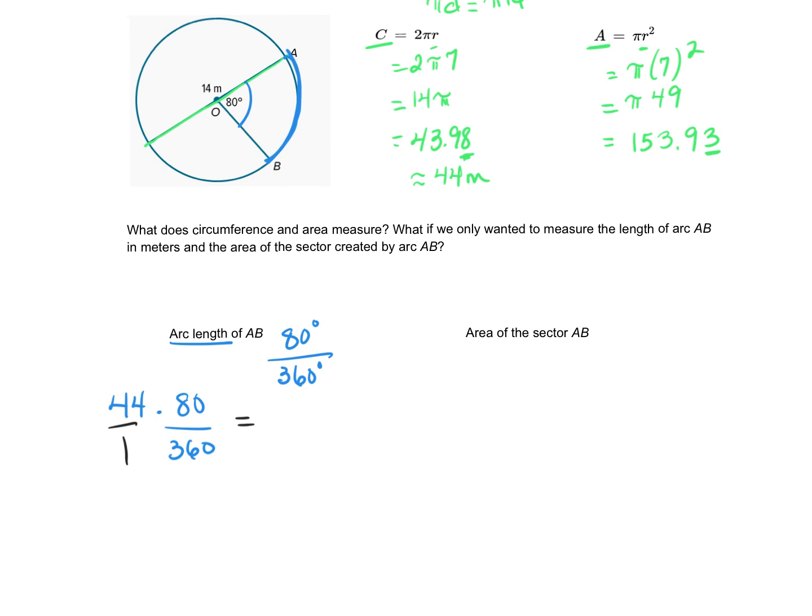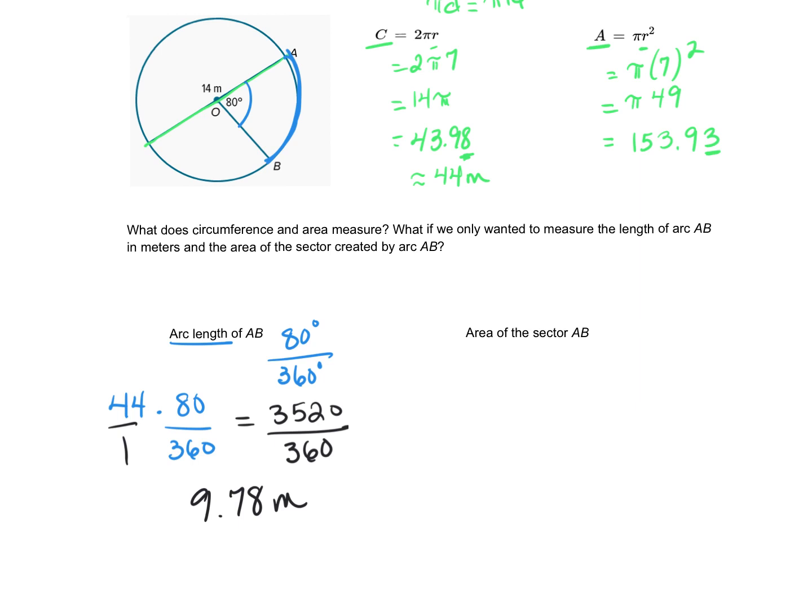So 44 times 80 is 3,520, and 1 times 360 is 360. So my final answer is going to be 3520 divided by 360, which gives me 9.78 when I round, and that would be meters. Again, if you want to do 80 divided by 360, that's a repeating decimal as well, 0.22222.